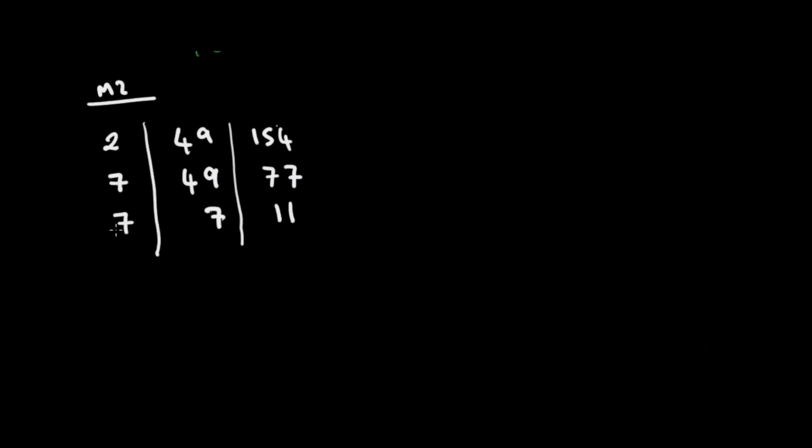Then 7 again: 7 into 7 is 1, but it does not go into 11. Then now we have 11. 11 comes down as it is. Then 11 into 11 is 1.